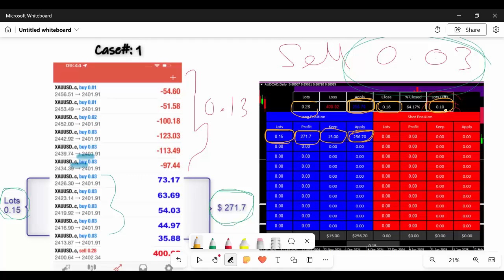Then you put the profit, 271.7, you press the enter key for the calculator to confirm registration. And the calculator is the one that will calculate 15 to keep, 256 to apply. Then you now take those 256 to apply to the top level where you want to get the value of the lot size you are going to partially close.